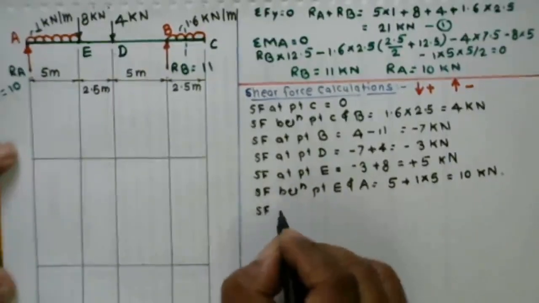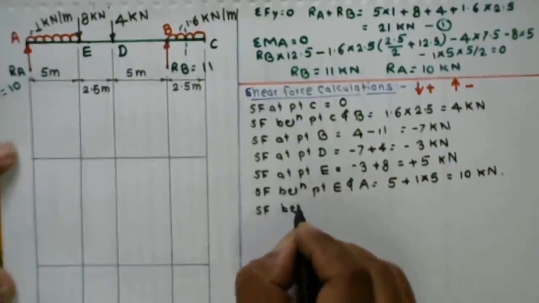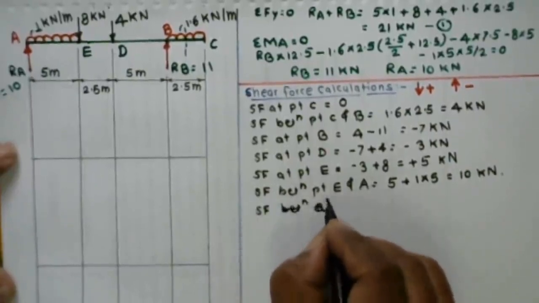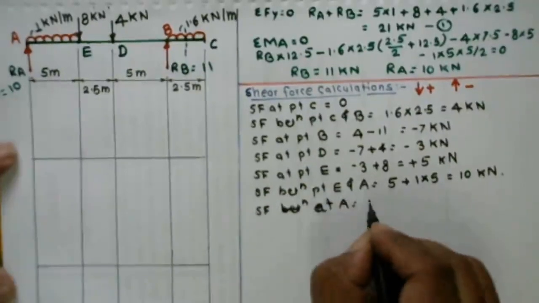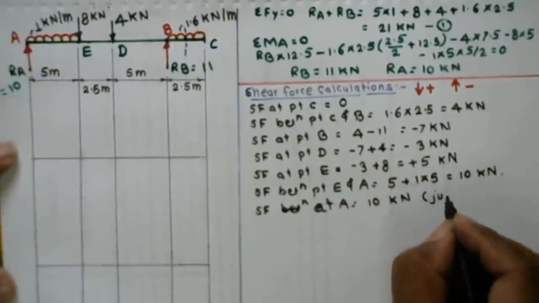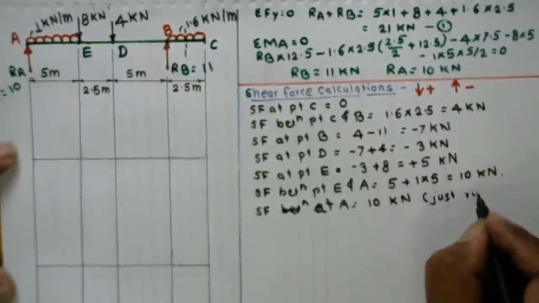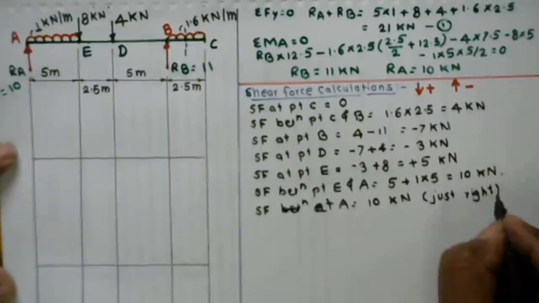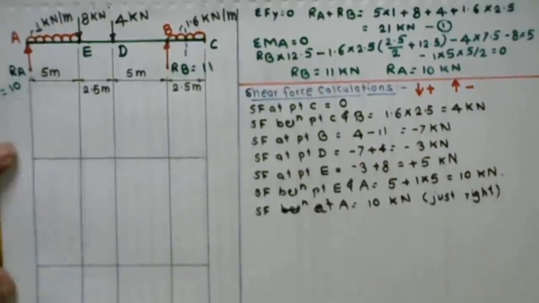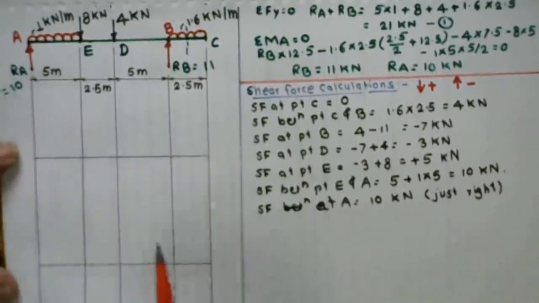And our last point, shear force at point A is equal to 10 kilonewton. It is just the right side of point A, and on the left side 10 minus 10 becomes 0. Okay, so now we have to plot this diagram.